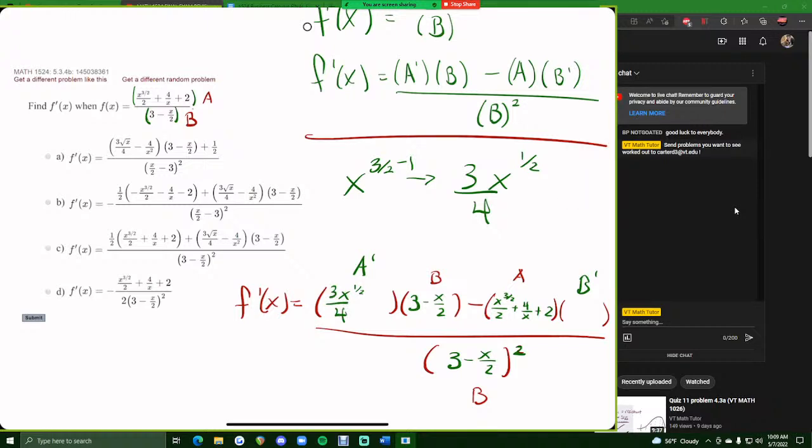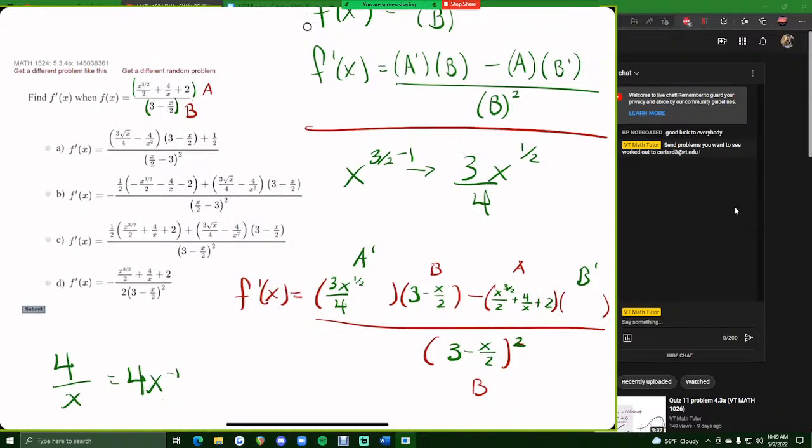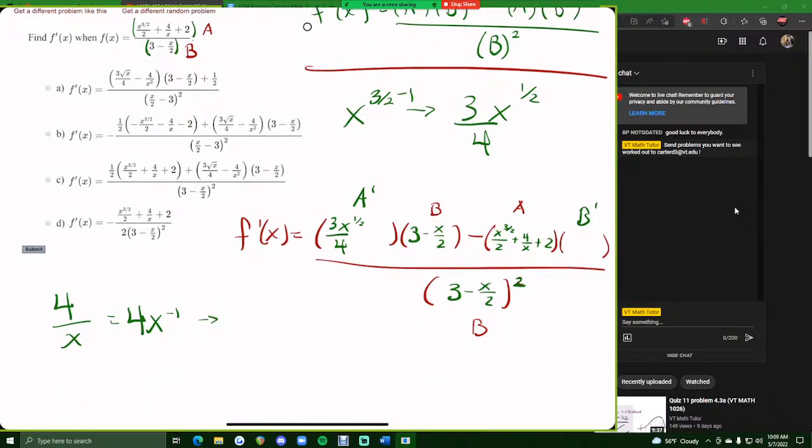All right, that was just the first term. Now 4 over x. Great practice here. So 4 over x. To take the derivative, we first want to rewrite it as 4x to the negative 1. Then when we take its derivative, we can bring that negative 1 out, multiply it by 4, leave the x, and then subtract 1 from the exponent to get negative 2.